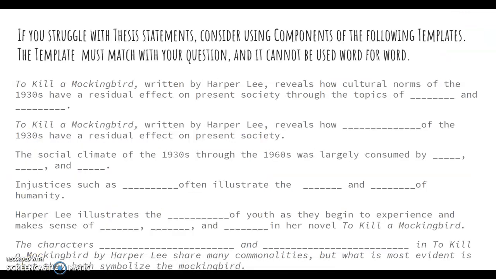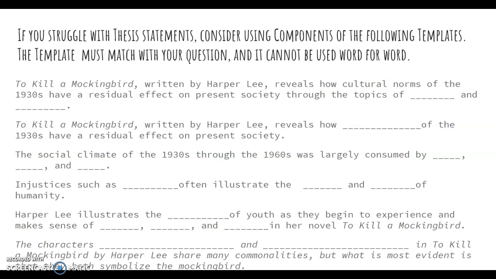This slide here just has some templates for you. You're welcome to use these templates if you're struggling to come up with a thesis statement. However, you must remember that your research question has to match the template. So if you've already crafted a question and then just want to use one of these templates, it may not work for you. You, however, can tweak it.